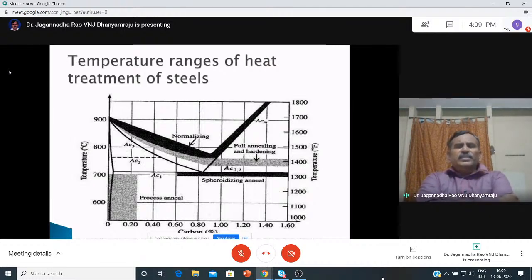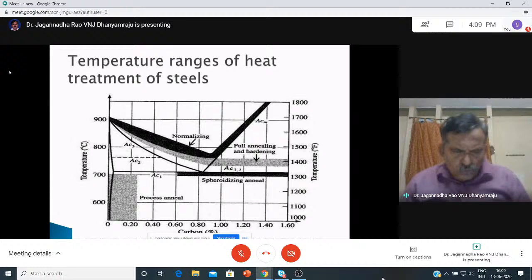Especially for cutting tool applications, you need the material to be hard, and for applications involving abrasion of parts, you need hardness. Understand? So that is why hardening is also an important process.